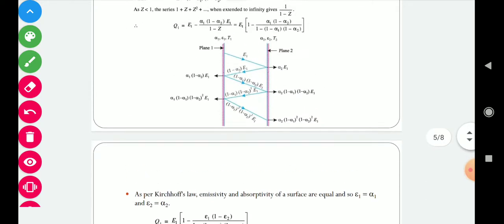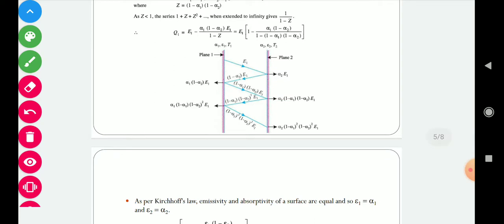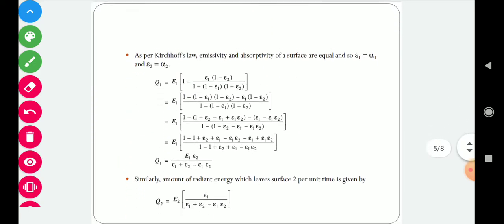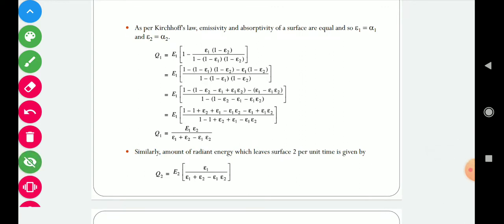Now if we apply Kirchhoff's law, it means absorptivity and emissivity are equal at thermal equilibrium. Then we can rewrite this equation in terms of emissivity, and this equation can be written in this form. Again, if we further simplify this equation, then finally we can write it in this form. So in this way we can calculate Q1.